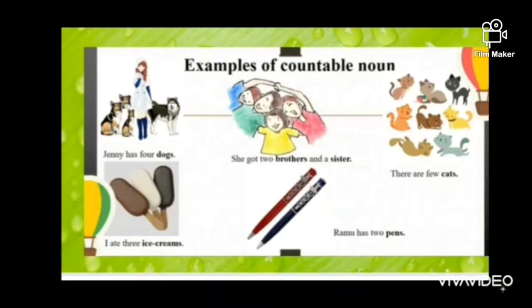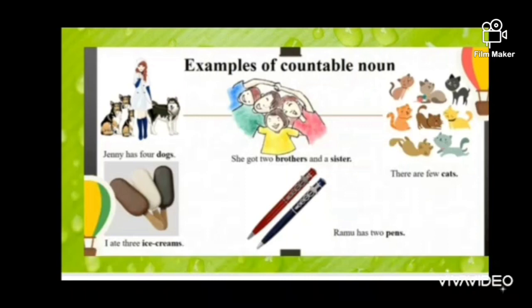See, some examples are given in a sentence form. Jenny has 4 dogs. I ate 3 ice creams. She got 2 brothers and a sister. There are few cats. Ramu has 2 pens.